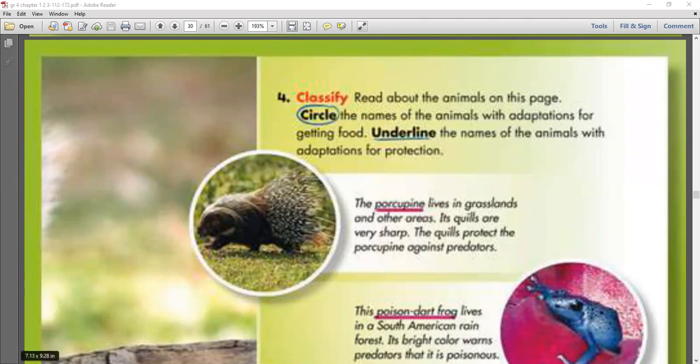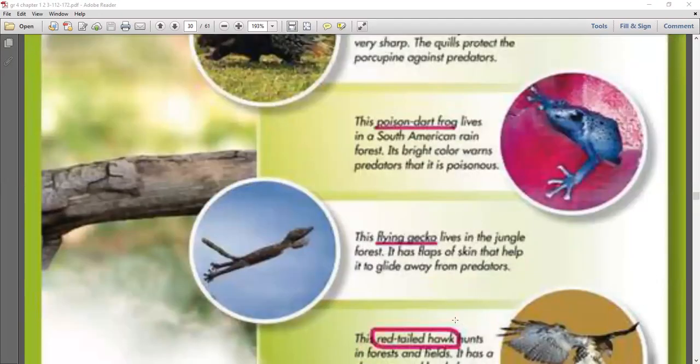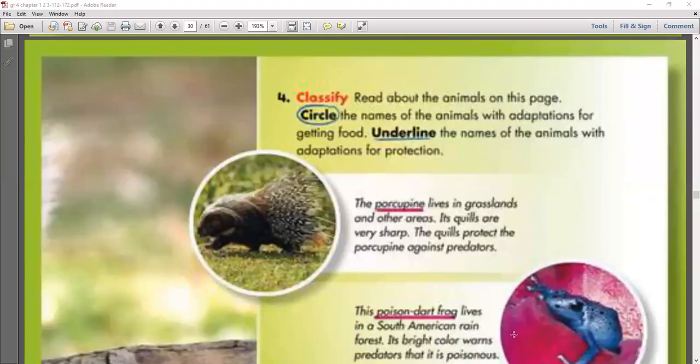Yes, Muhammad. Next animal in the second picture on this page. Can you tell us the name and the advantage that helps this animal? Okay. The poison dart frog lives in a South American rainforest.